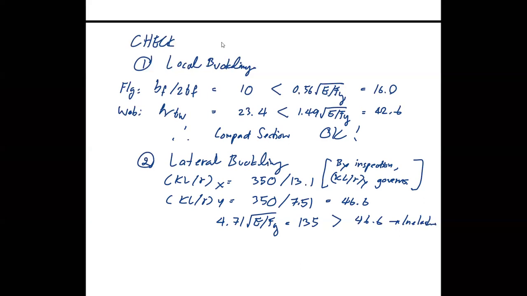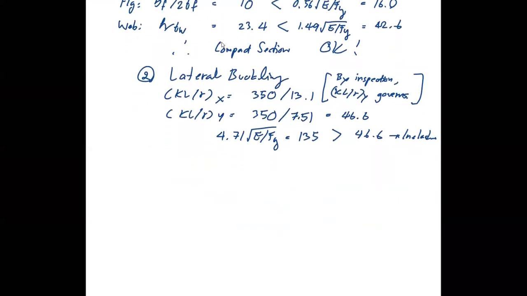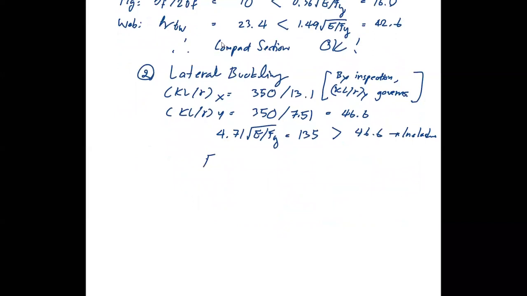Okay, so now Fe is pi square E over 46.6 square.